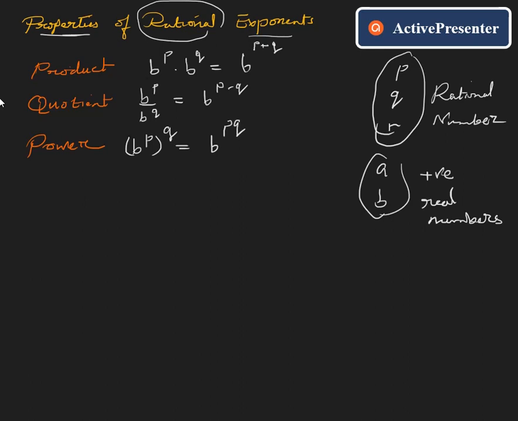Also, if we say a to the power p multiplied in b to the power q all to the power r, this is equal to a to the power p multiplied in r, multiplied here in b to the power q multiplied in r. So r is distributed here, okay?